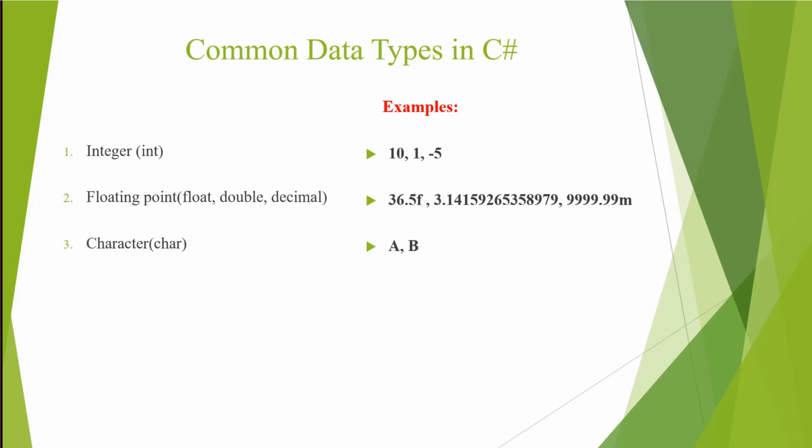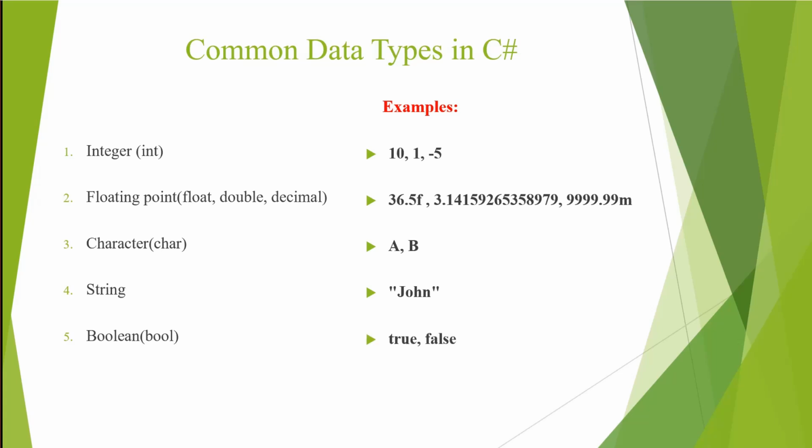Character stores a single letter or symbol. For example, a character variable for a grade, whose value can be A or B. String stores text. A string variable, for example, for name, whose value can be John.